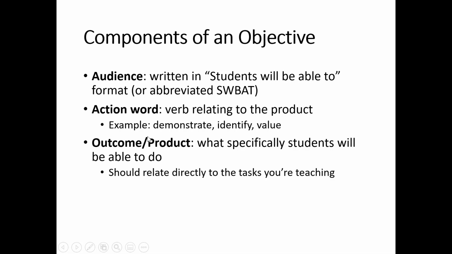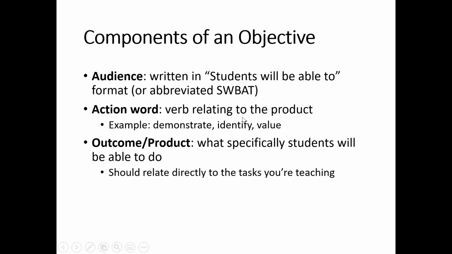Students will be able to demonstrate or identify or value something. What is the outcome or product we want? What is the actual piece that we want our students to be able to do before they leave? This should relate directly to the tasks that you're teaching. So if you're teaching offensive strategies, then students will be able to demonstrate a give and go as an offensive strategy during Ultimate Frisbee. That was my psychomotor.